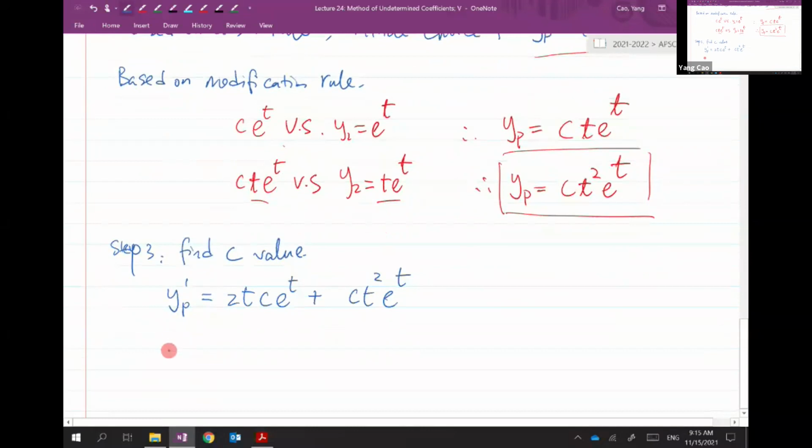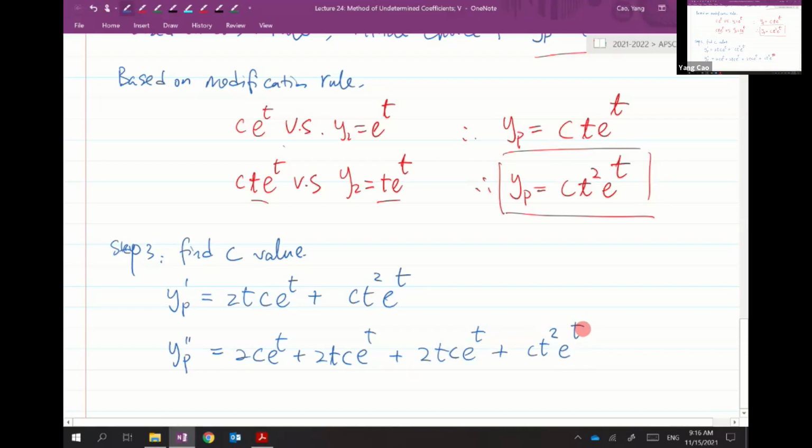And then calculate yp double prime. There's more product rule here. So 2c e to the power t plus 2tc e to the power t, plus 2tc e to the power t plus ct squared e to the power t.